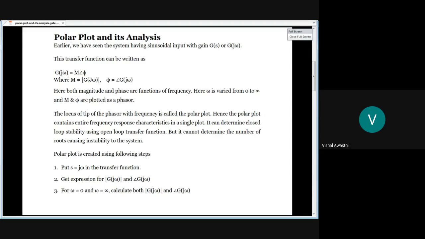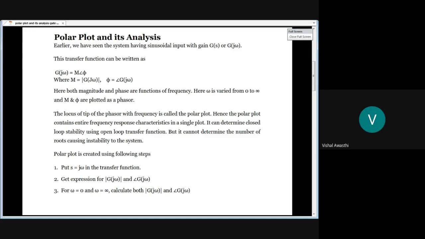Generally, the concept of the polar plot, Bode plot or Nyquist plot at the basic level is the same. When you have a system, consider a sinusoidal input with a gain G(s).